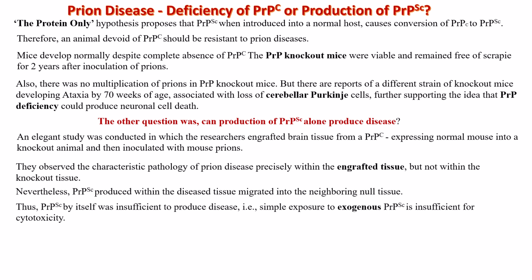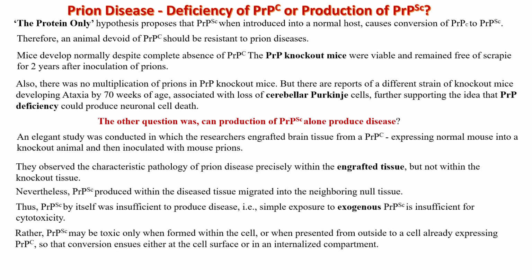Thus, PrP-Sc by itself was insufficient to produce the prion disease. Simple exposure to exogenous PrP-Sc is insufficient for cytotoxicity. Rather, PrP-Sc may be toxic only when formed within the cell or when presented from outside to a cell already expressing the cellular PrP-C, so that conversion ensues either at the cell surface or in an internalized compartment.